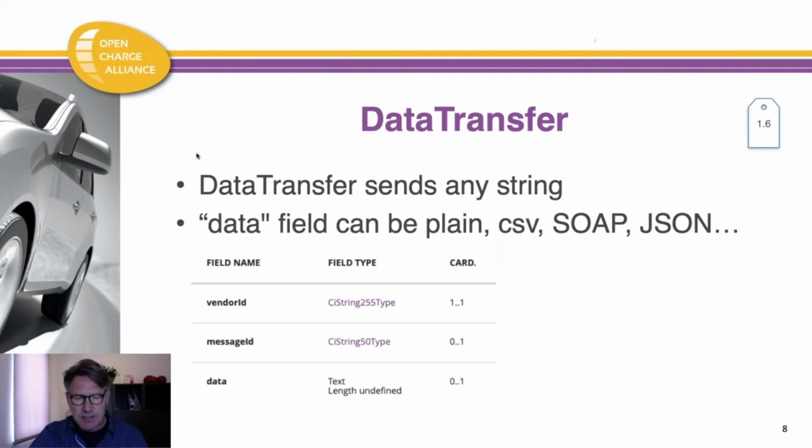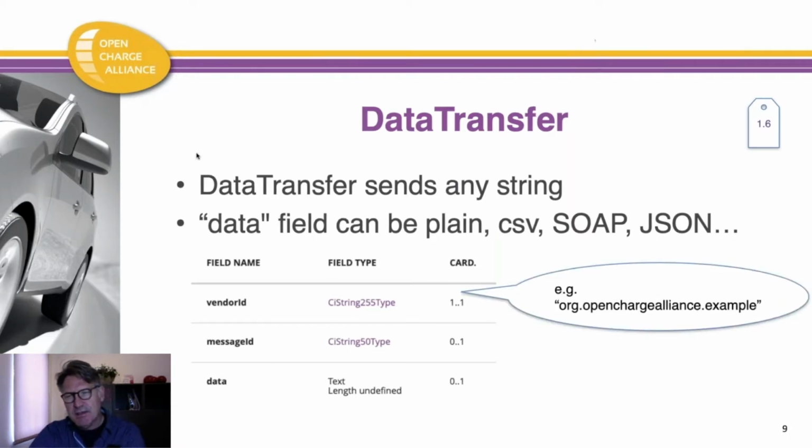It has a vendor ID. That's basically the name that you as a vendor supply to this customization. And in order for it to be unique, this name should be the reverse domain name of your organization extended with your customization name.